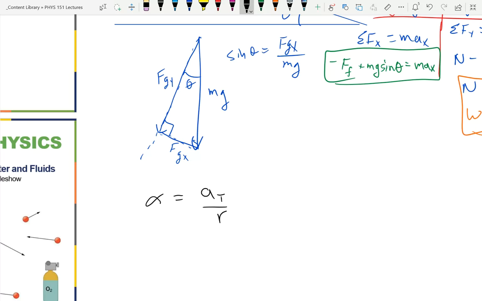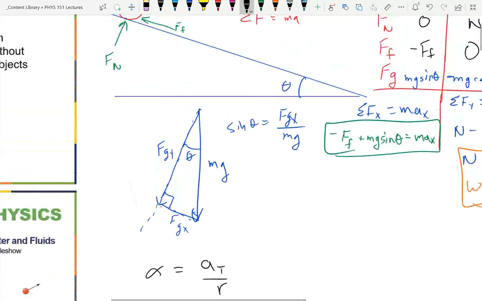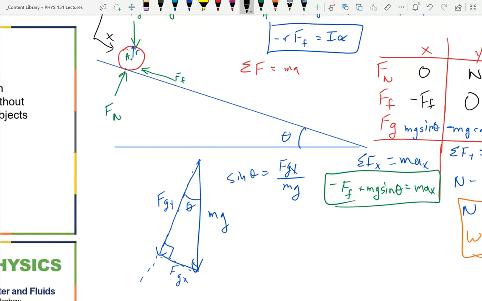But if you look at the picture, if this accelerates in the positive x direction, what direction is the angular velocity increasing? What direction is the angular velocity going to be pointing if it's rolling down? Is it rolling with a clockwise or counterclockwise rotation? Clockwise.